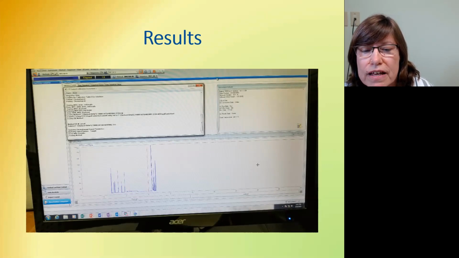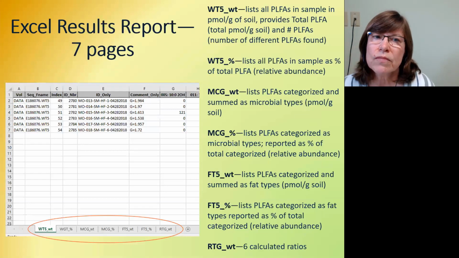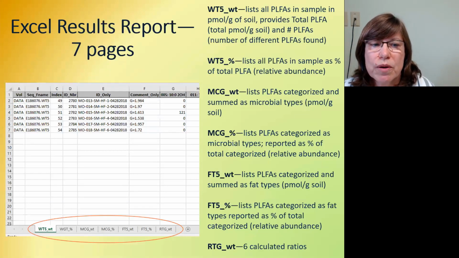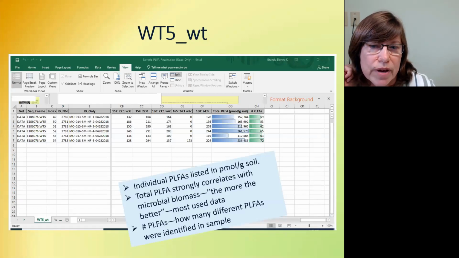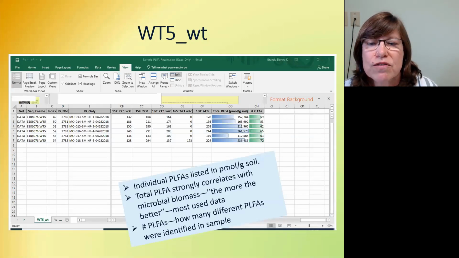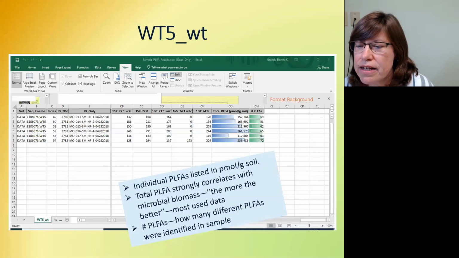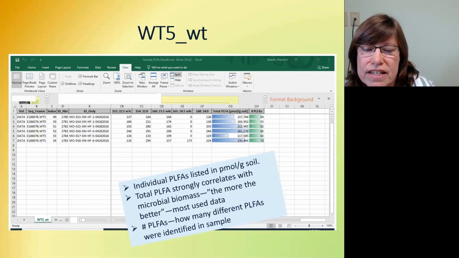The results report that we provide has 7 pages. The first page is probably used the most out of any information. It lists all the different phospholipid fatty acids that were found in the sample, given as a molarity, picomoles per gram of soil.